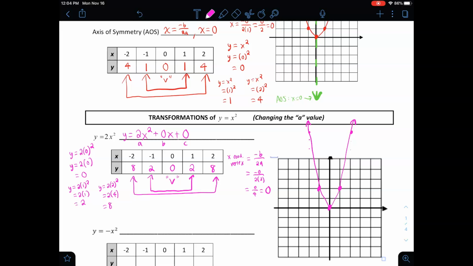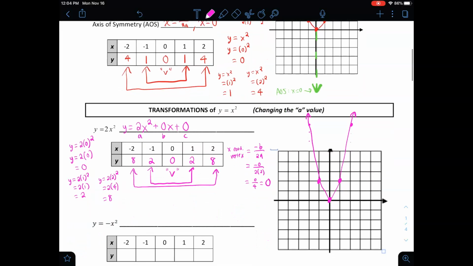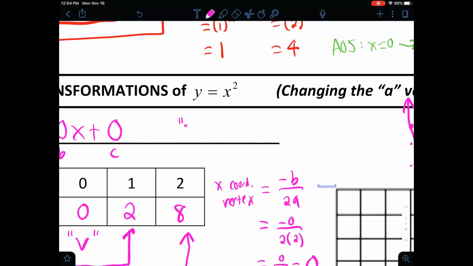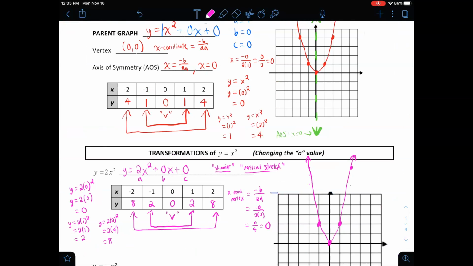Okay, so what's the difference between this graph and the last graph? Well, it's much steeper, right? So this is going to be a skinnier version, and it's also going to be a vertical stretch. Kind of like with what we did with absolute value equations, when we put a bigger number in front of the absolute value, so y equals 2 times absolute value of x, it stretched it vertically, made it skinnier.